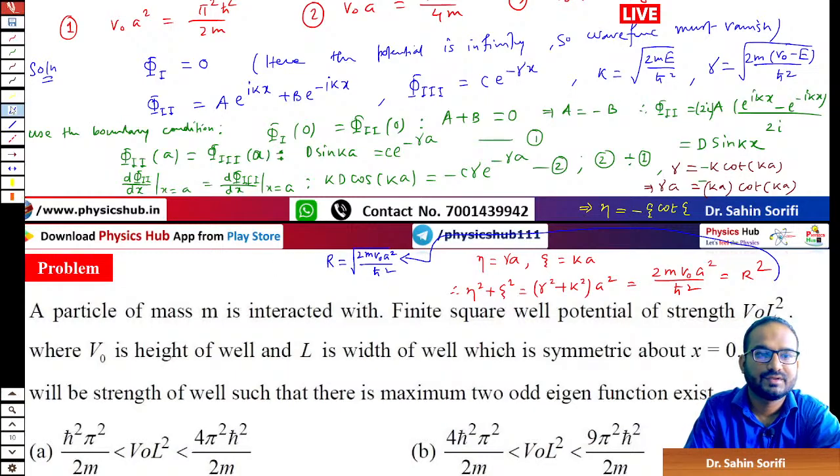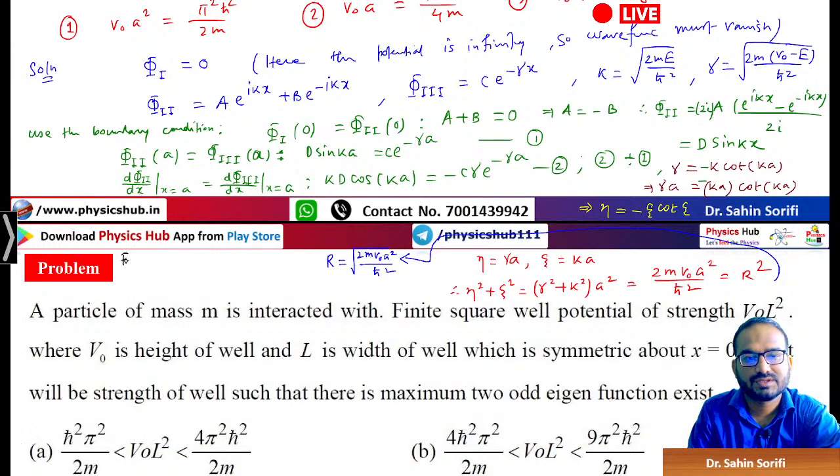Now for one bound state, r we can take to be pi by 2, right?